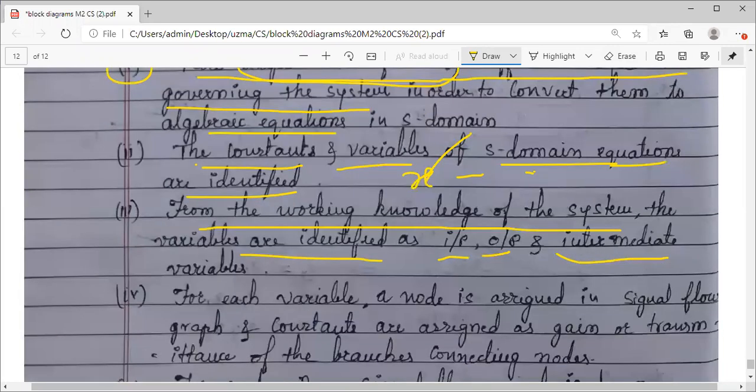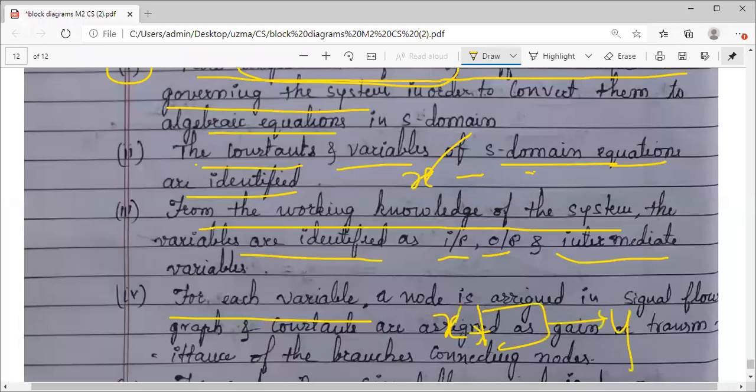Now, if the system has some 4 variables, say x1, x2, x3, x4, each variable represents a node. You know about it. This is your x, this is your y. If x is the input, y is the output.